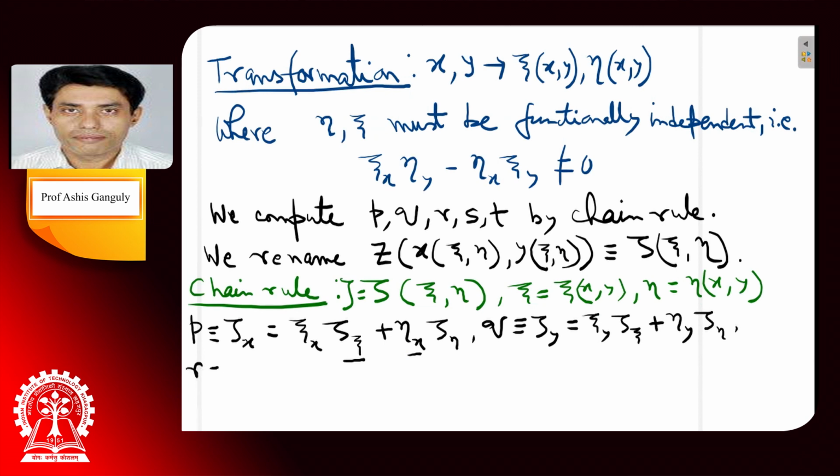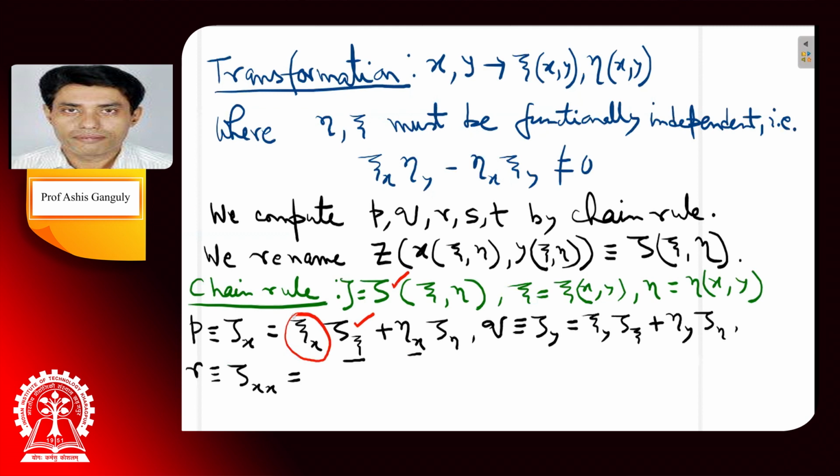Now, r means zeta xx. So you have to differentiate the expression of p with respect to x, partially. Now you see that this zeta xi, like zeta, is also a function of xi, eta. So to differentiate it, again two terms will come, and another term will come from here. So in total there will be three terms. Out of these, two terms are second order.